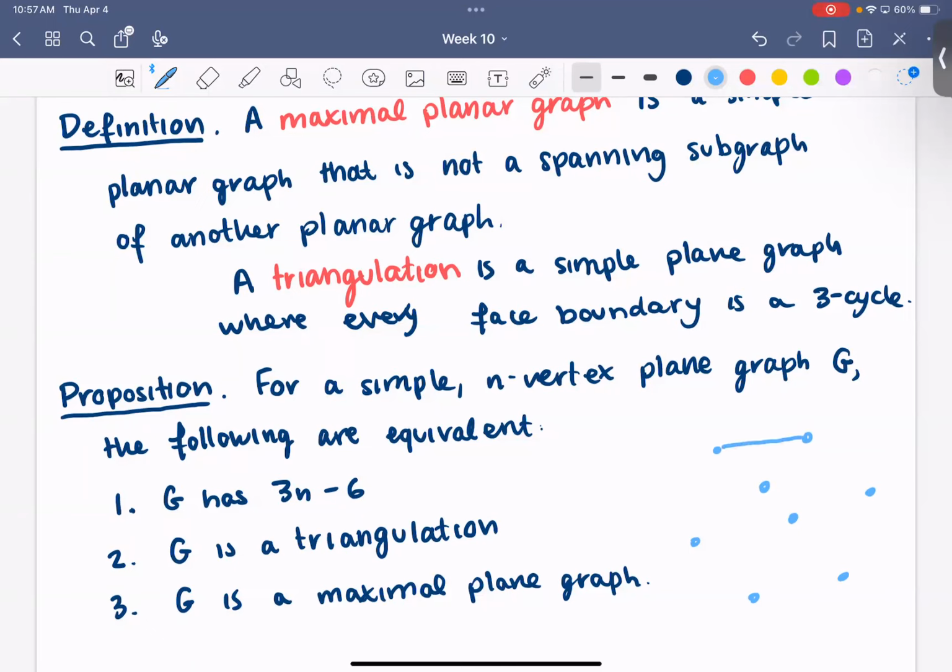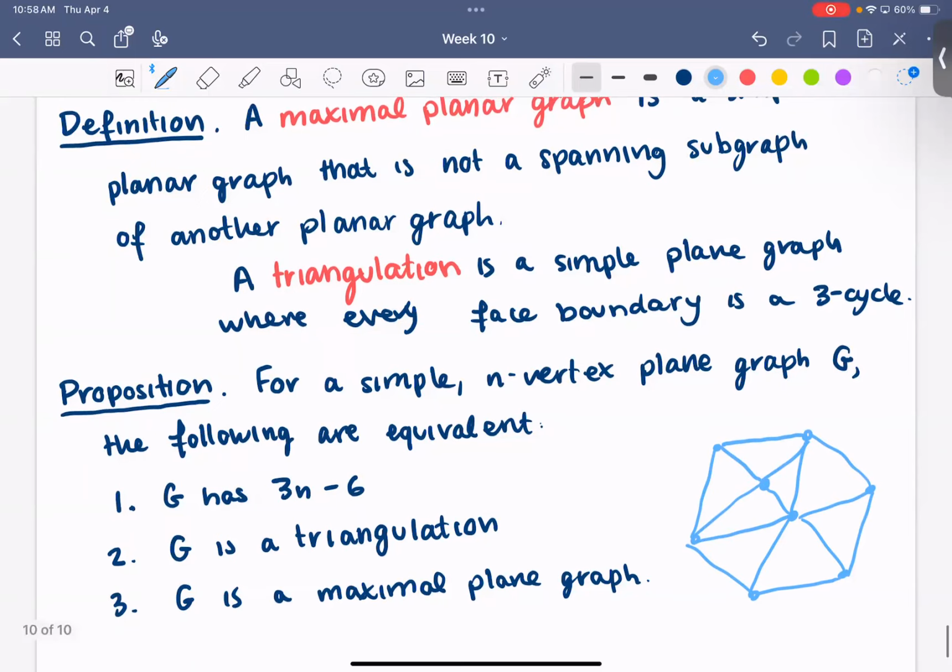So I'm gonna just fill this in kind of randomly with triangles. But then I also need the big face on the outside to also be a triangle. Okay, the way that I did this was bad.